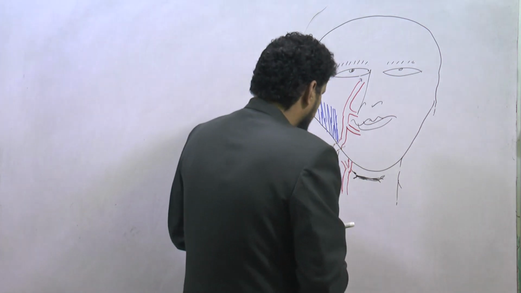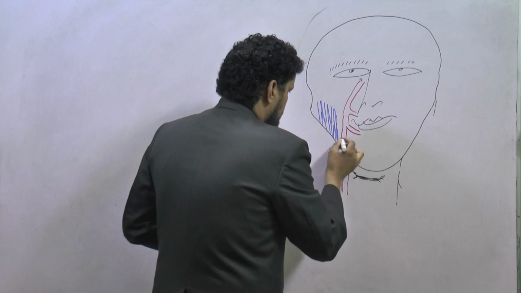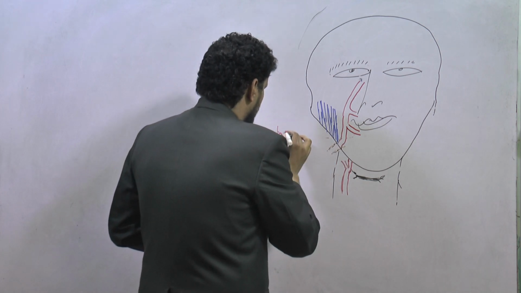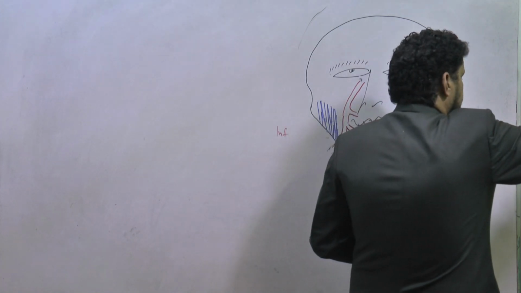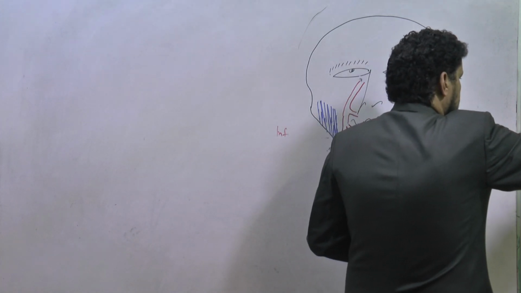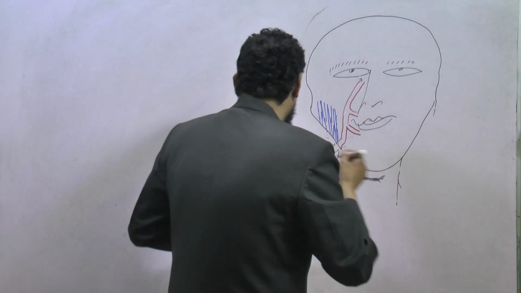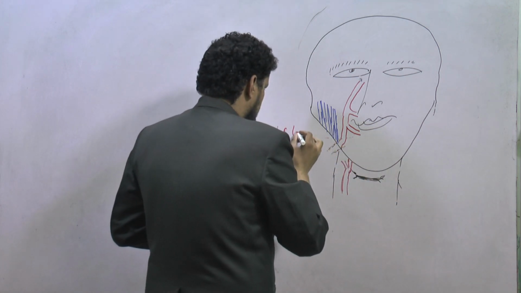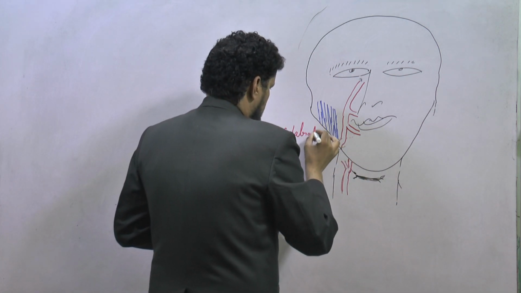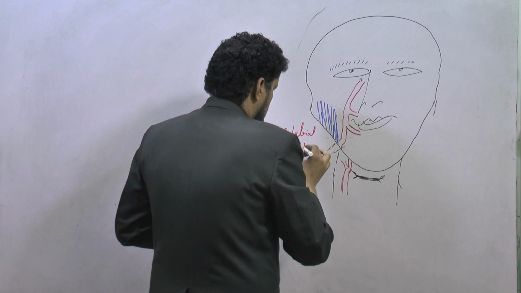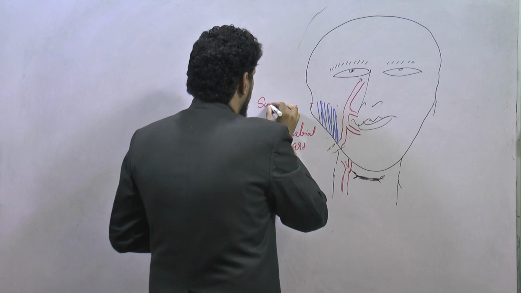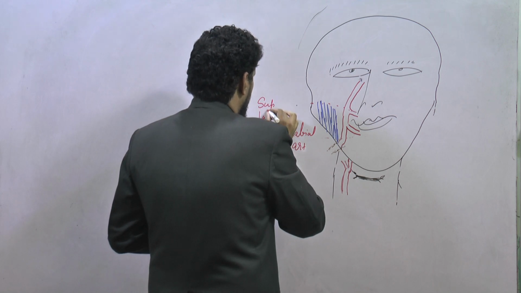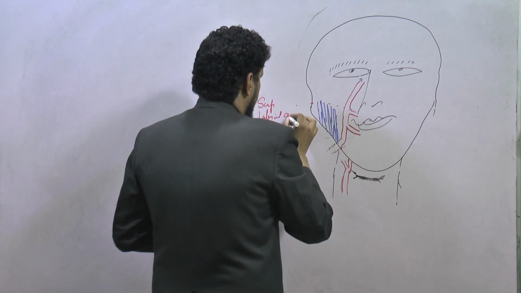So this is the inferior labial artery. And this is the superior one, the superior labial artery.